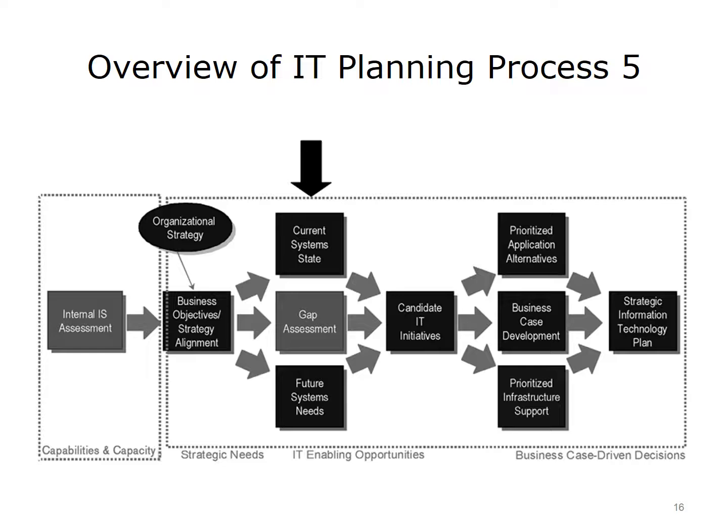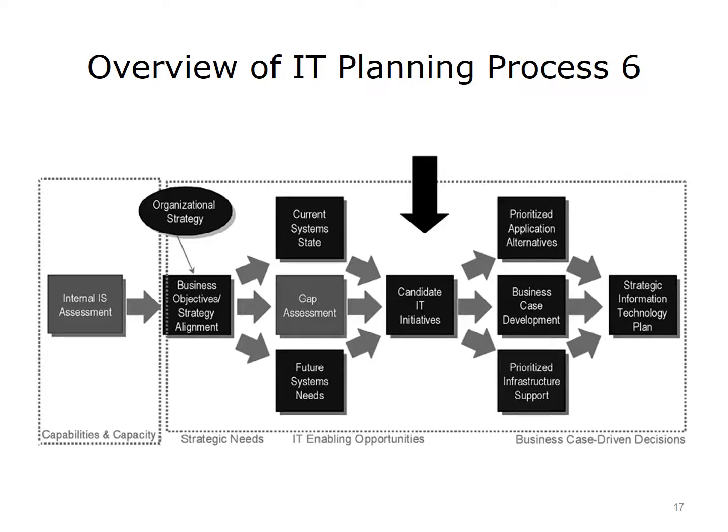Does the future level of system support increase or decrease? Is our organization equipped to handle the risk brought on by the management of the new proposed systems? The answers to these questions are what form the gap or hole between the current and future system states, which leads us to the next box in the IT planning process.